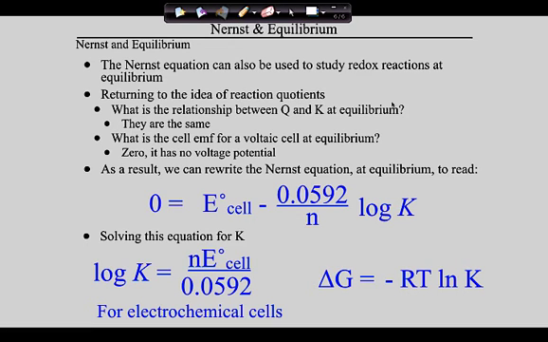Taking that idea, we end up with this. If we pick 0.0592 apart and replace it with R and T, which is what those variables actually bring you to, and then we undo this and rewrite it in reference to Gibbs free energy, rather than just a relationship between K and voltages for electrochemical cells, we can make this generic for all reactions.